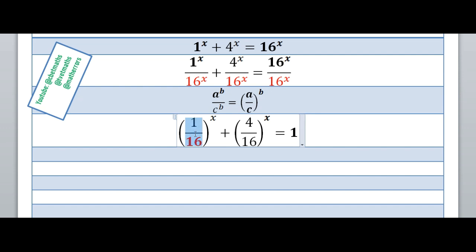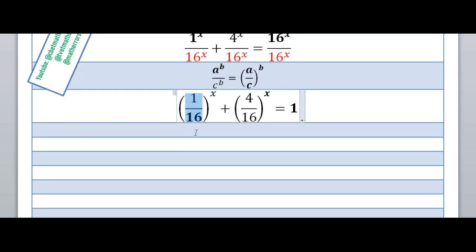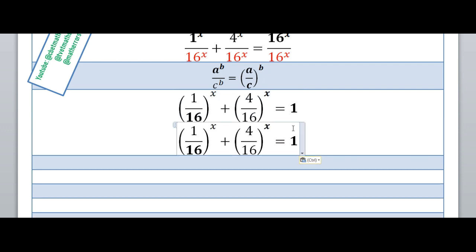Now the next step is to simplify further. Remember, 4 over 16 can be simplified. In the next line, 4 over 16 is the same as 1 over 4.